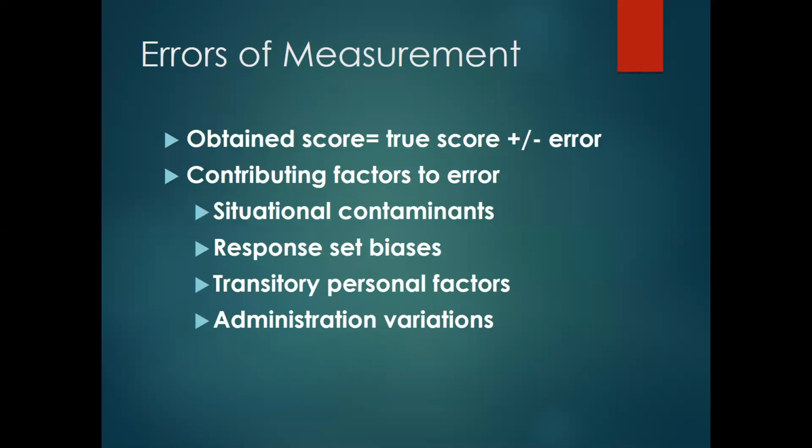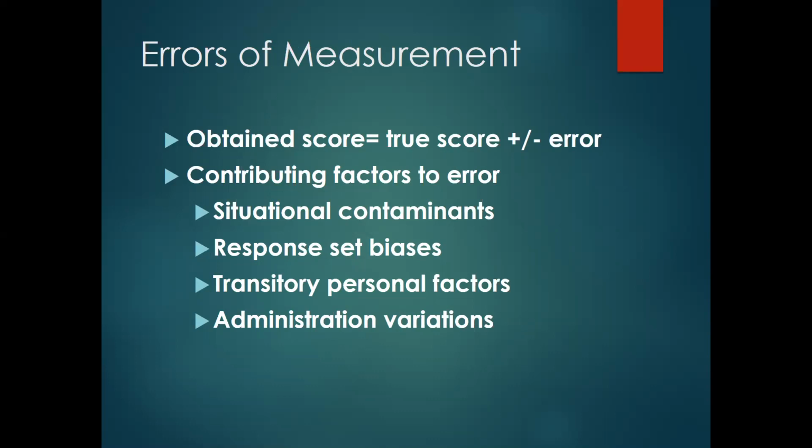That is, the obtained score, the measure that you do, equals the true score plus or minus the error. So, for example, if we measure people's height in inches, we might measure someone as 5'2". If we used centimeters or fractions, the person might actually be 5'2 1/8" or 5'2.5".